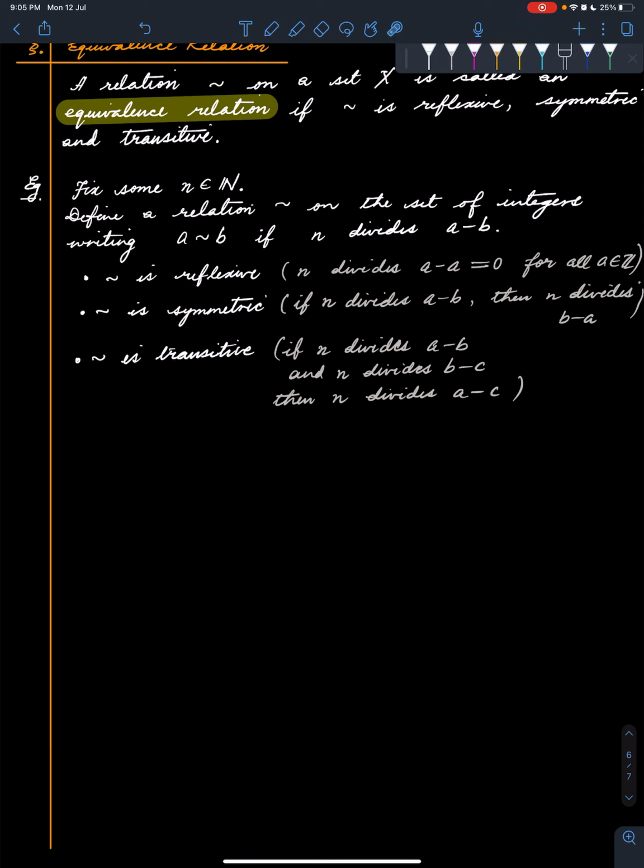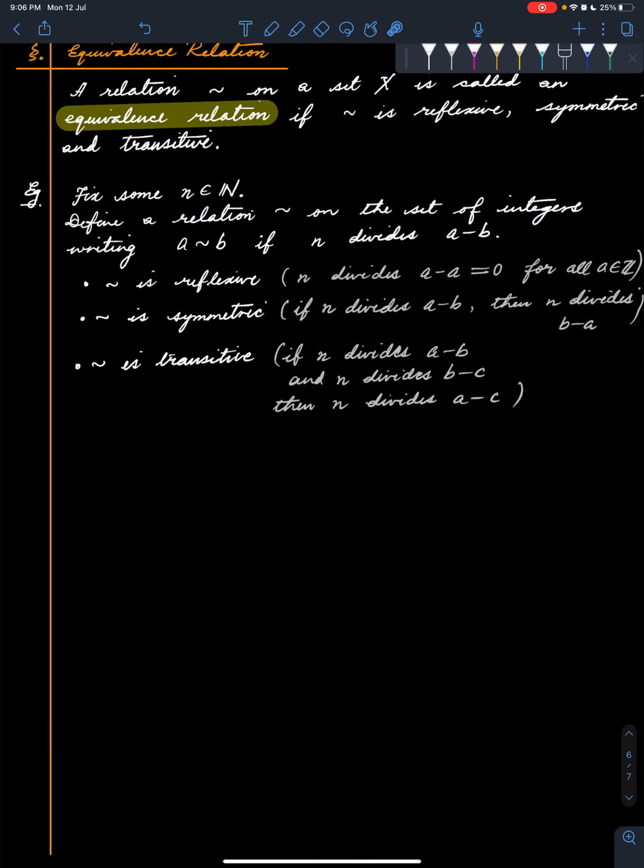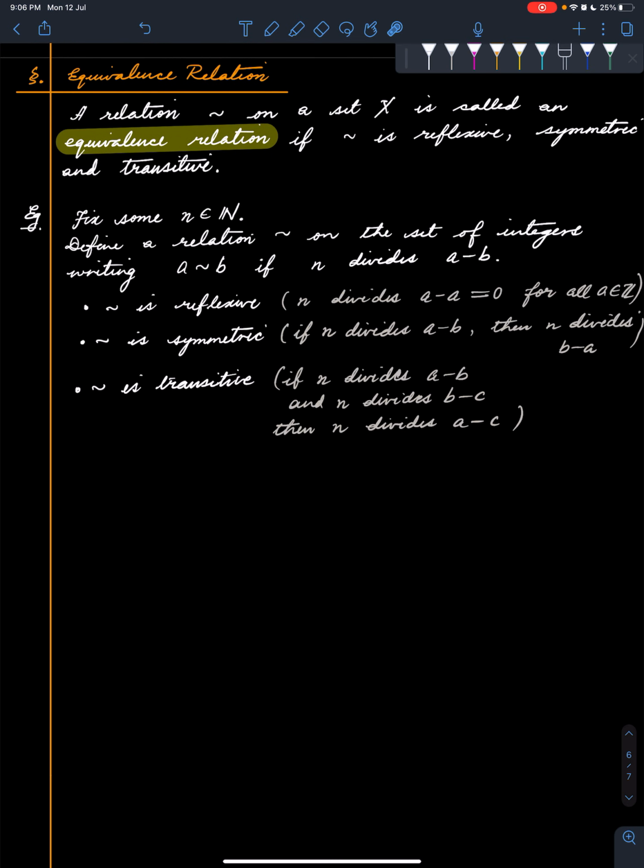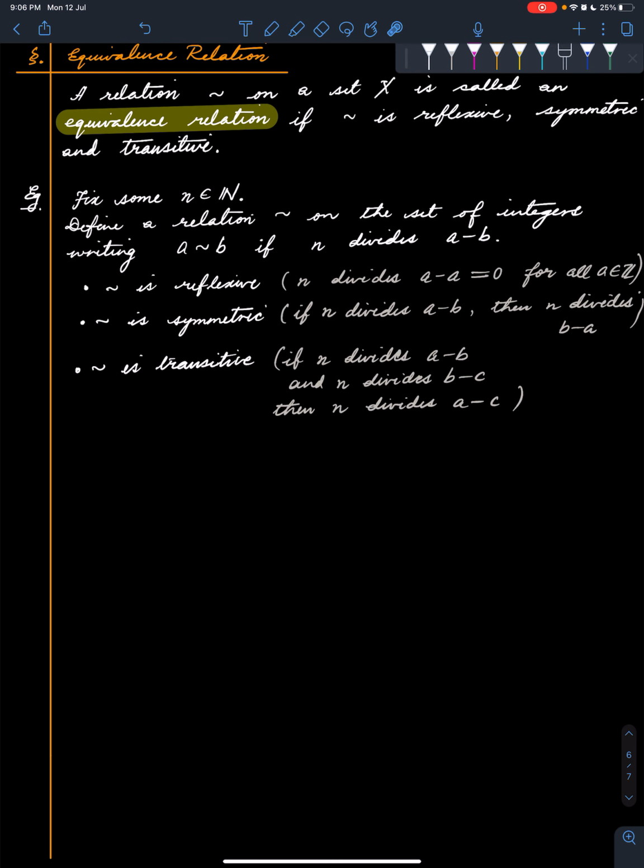That's what it means, and this is very easy to see because if n divides these two things, it will also divide the sum of these two things. But the sum of these two things is precisely that. Right, so this is an equivalence relation on the set of integers.